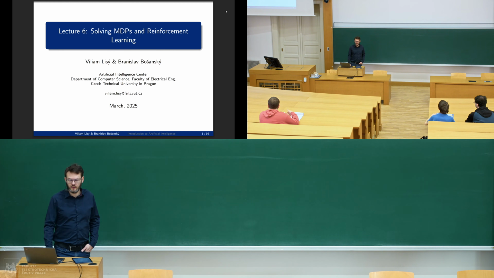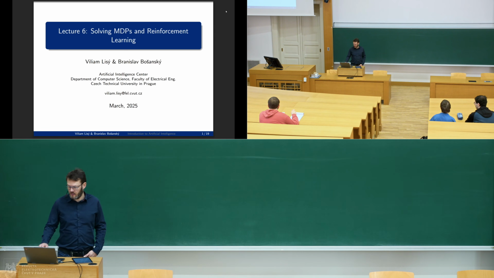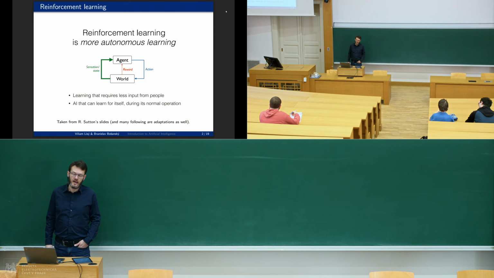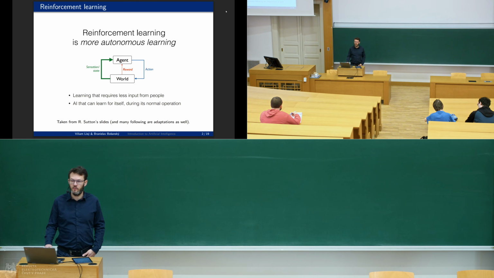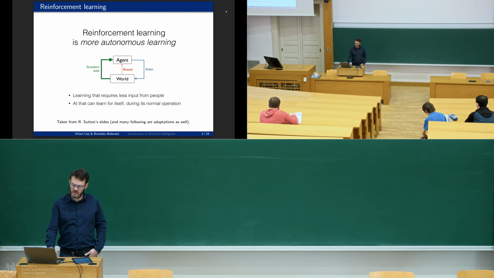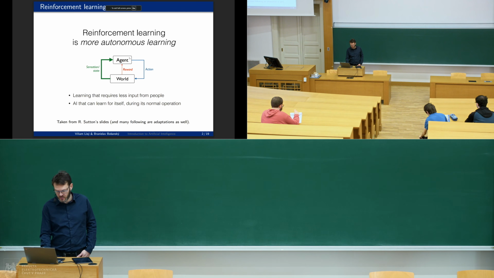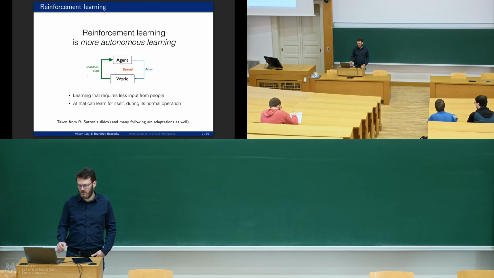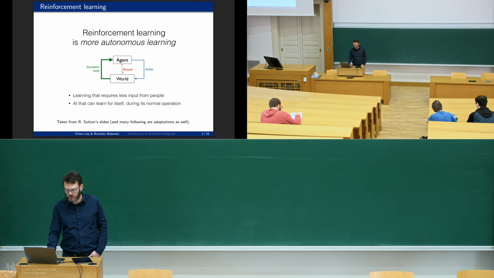So we are talking about reinforcement learning, and today we'll be talking mainly about solving MDPs. Last time we were introducing reinforcement learning, and we were talking about this simple worldview where we have an agent. The agent is submitting some actions to the world, and after each action it gets some observation of the new state of the world and some reward signal.